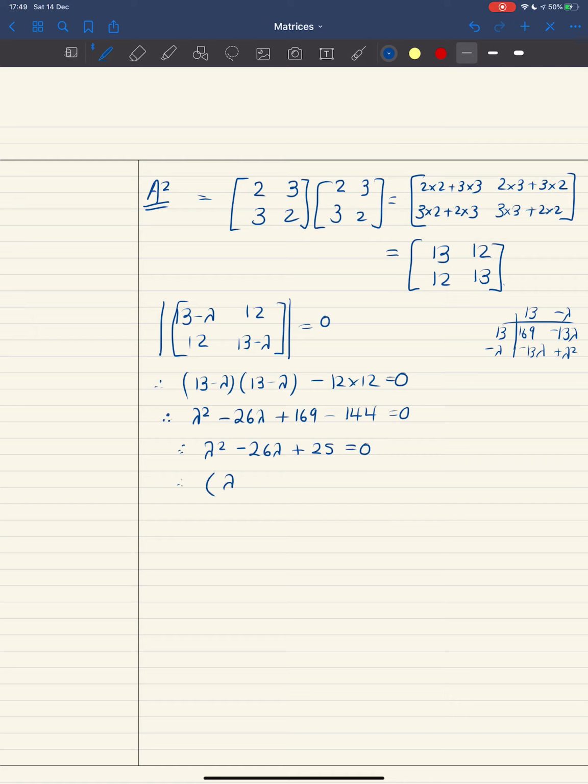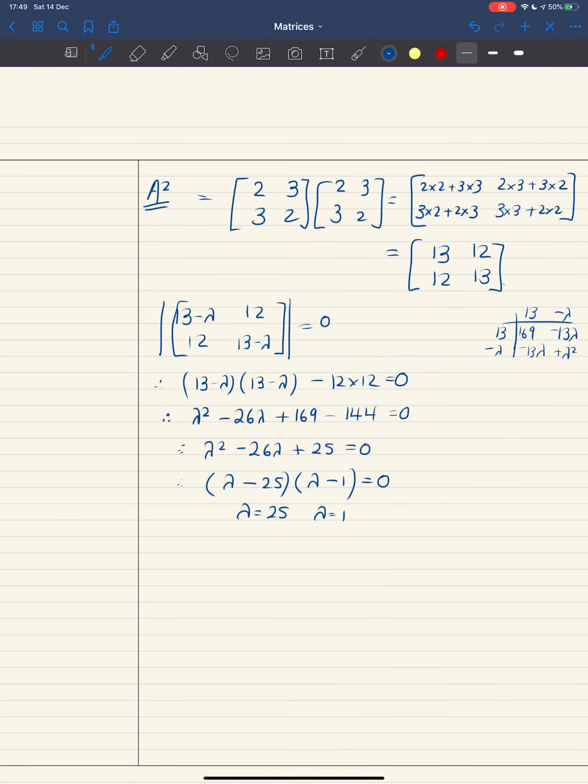This is going to be lambda minus 25, lambda minus 1, equals 0. So we've got lambda is 25 and lambda is 1.